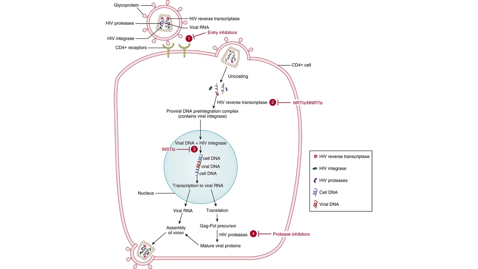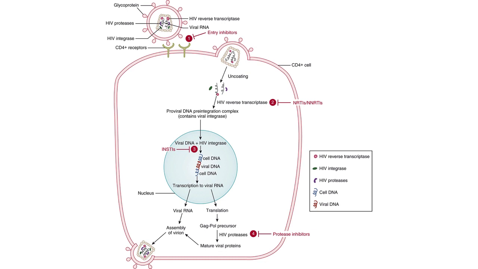And the enzyme that catalyzes that is HIV reverse transcriptase. The complementary DNA then enters the host cell's nucleus. So here we see viral DNA. That viral DNA inserts itself to the host cell's DNA through the process of integration, and the enzyme that catalyzes that step is HIV integrase.